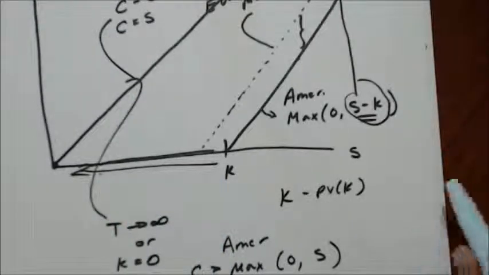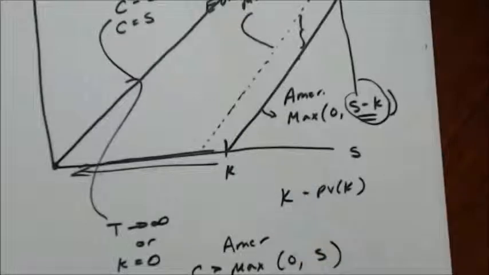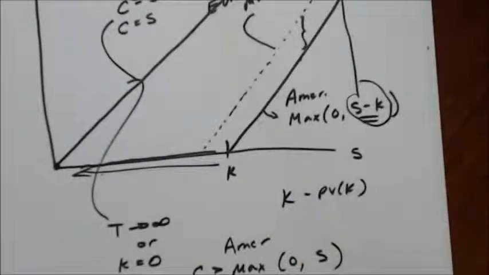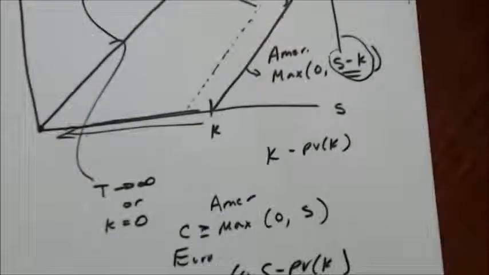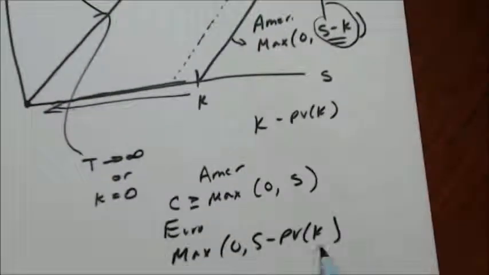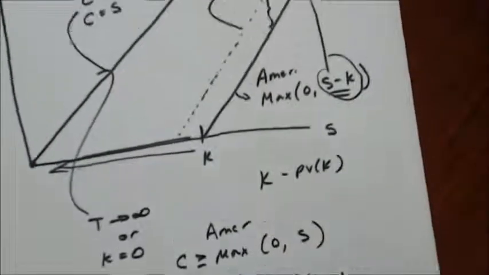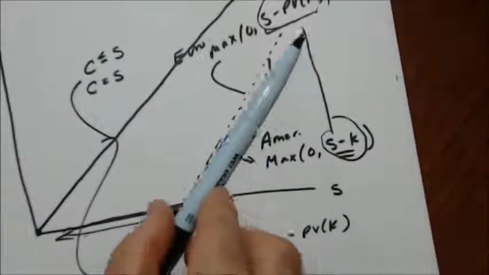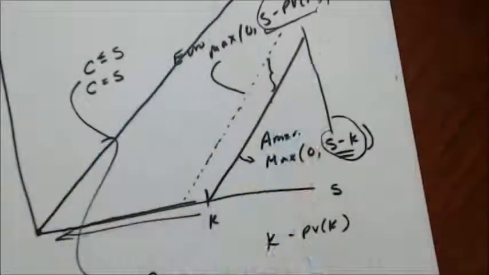Okay? And with the European option, remember it's the maximum of 0 or S minus present value of K, right? Well, again, drop 0 in here, and the present value of 0 is 0, and without discounting it all boils down to 0. So again, it's the same thing as sliding this whole line over.